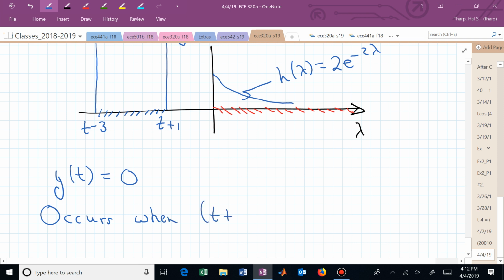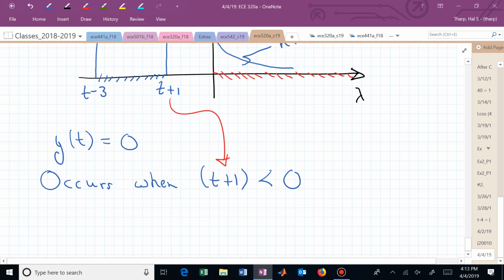Well, I just said as long as t plus 1, which is this guy, stays to the left of 0, I have no output appearing in that convolution integral because when I form the product of h of lambda with x of t minus lambda, there's nothing. And you can now translate that inequality into, well, just subtract 1 from both sides. And you say, oh, as long as t is less than minus 1, I'm not seeing anything.